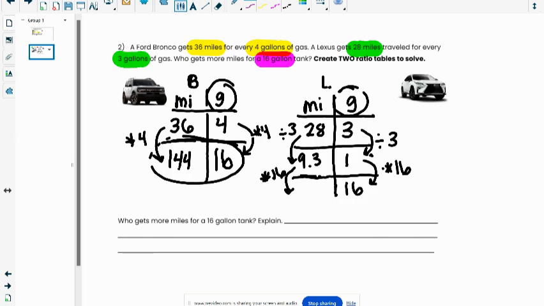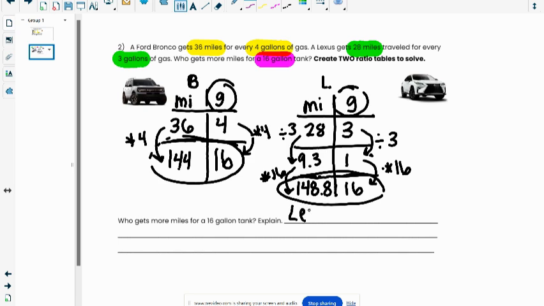In our calculator, we take 9.3 times 16, and we get 148.8. So for 16 gallons of gas, the Bronco goes 144 miles. The Lexus goes 148.8. So who gets more miles for a 16-gallon tank?